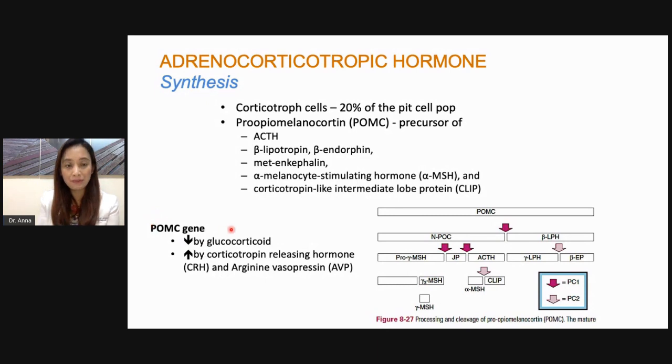Pro-opiomelanocortin gene expression is suppressed by glucocorticoids, as in the negative feedback mechanism, and is increased by corticotropin-releasing hormone and vasopressin. So it's not just CRH that increases the synthesis of pro-opiomelanocortin, but also vasopressin.